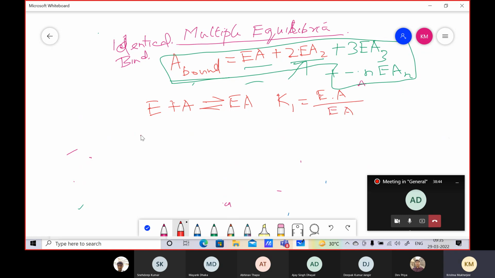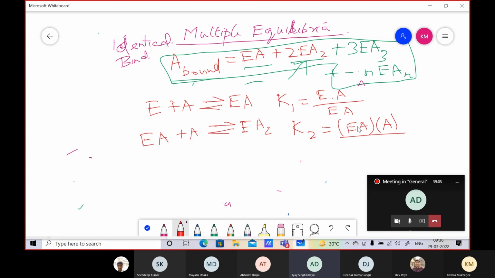But we have also EA plus A dissociating into EA2. And we have K2 equal to EA into A upon EA2.